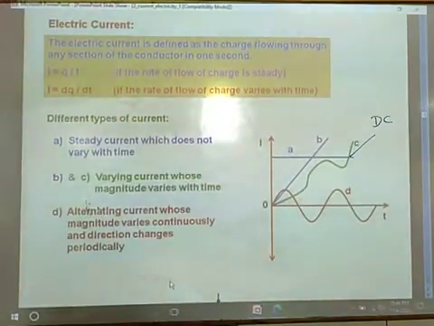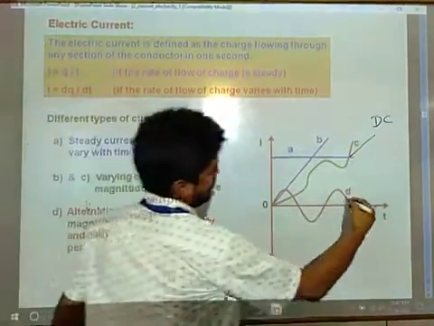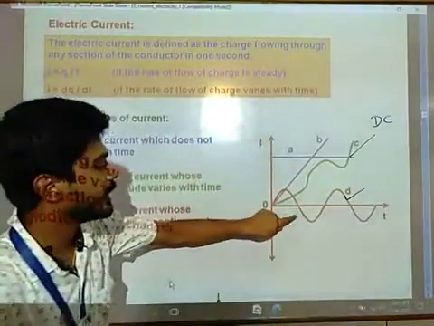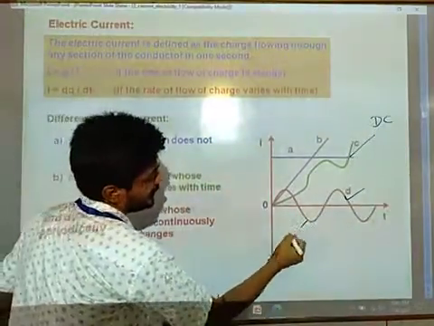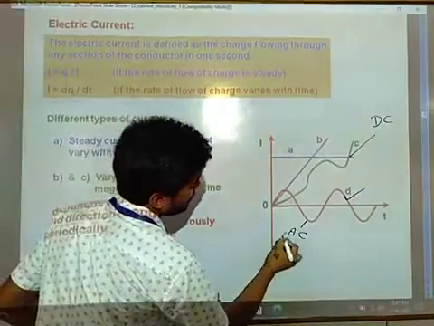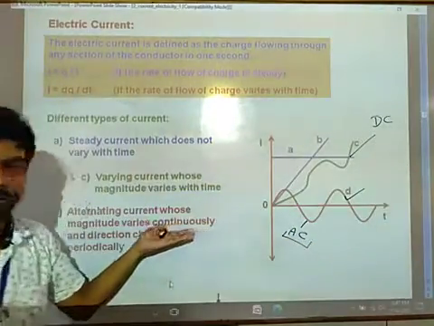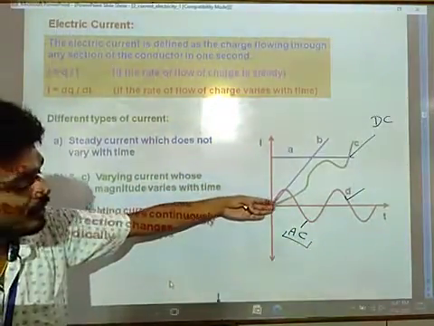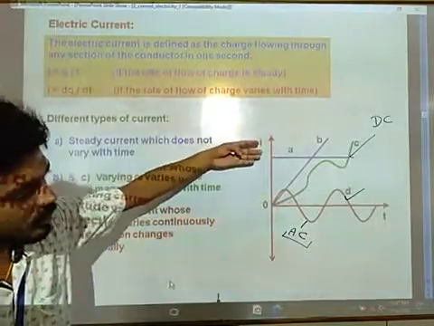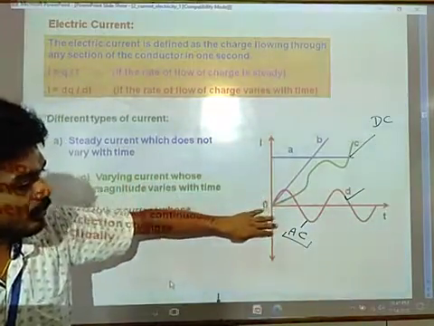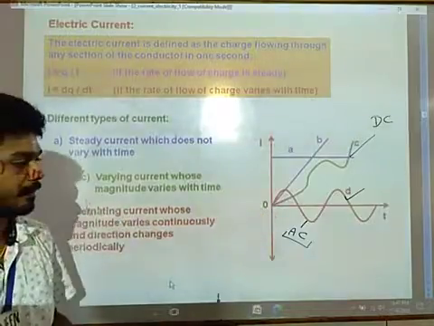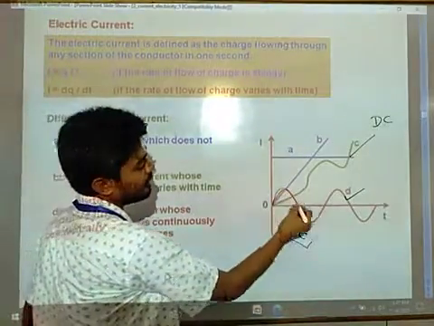Next we can see, we already know about this current. This is AC, alternating current, and we use this type of current in our household circuits. Alternating current is a part of our life, and DC also, but most widely we are using alternating current. This type of current varies with respect to time.